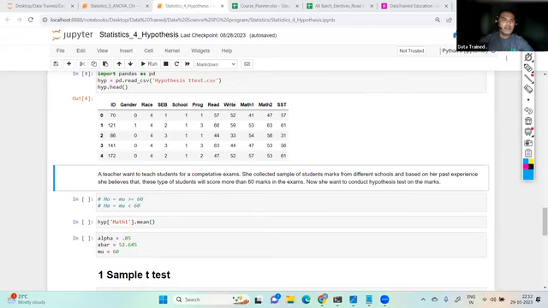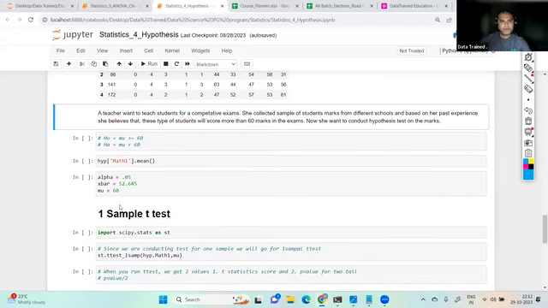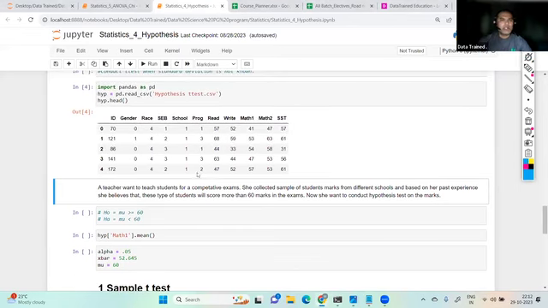We will start with a one sample t-test. First of all, alpha level is not given, so by default it is 0.05 or 5%. Just now we spoke about it. So sample mean, let's say one sample t-test.